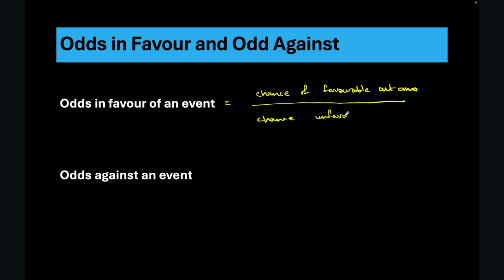It's not total now, it's unfavorable. There's no rocket science behind it. It's just a terminology that you should be aware of in case something comes up. Once you know what it is, it's really easy to work your way through it. You really don't need to memorize anything at this point. So again, odds against is unfavorable by favorable. That's all it is.